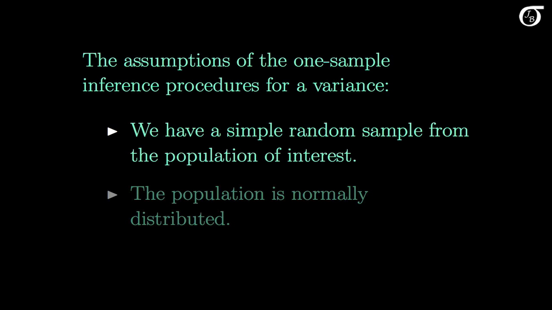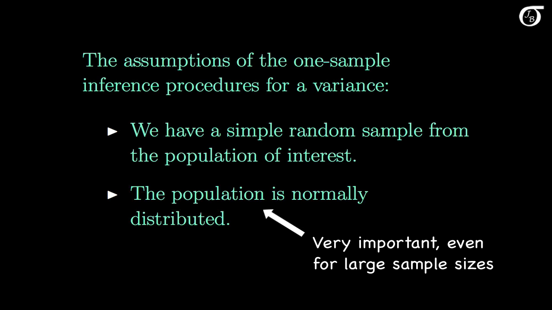Here are the assumptions of the one-sample inference procedures for a variance. We need a simple random sample from the population of interest. If the sampling design is bad, then our results may be very misleading. And the population must be normally distributed. You may recall that inference procedures for means were robust to violations of the normality assumption, meaning they performed quite well for many violations of the normality assumption.